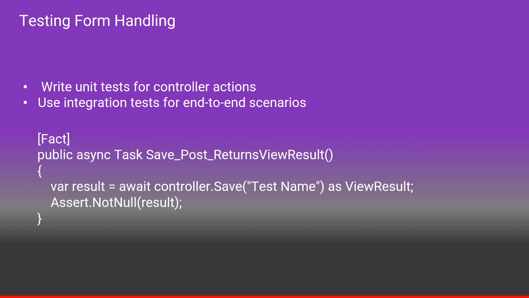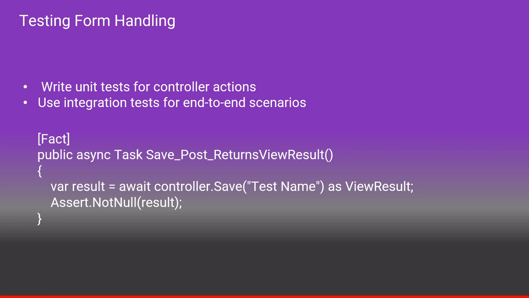Testing is crucial for ensuring the reliability of your form handling logic. You can write unit tests for your controller actions to verify that they behave as expected. For example, you can test that the Save action returns a view result when given valid input.